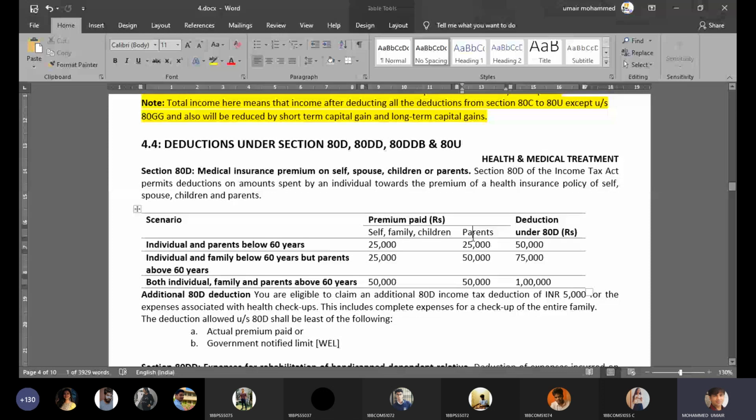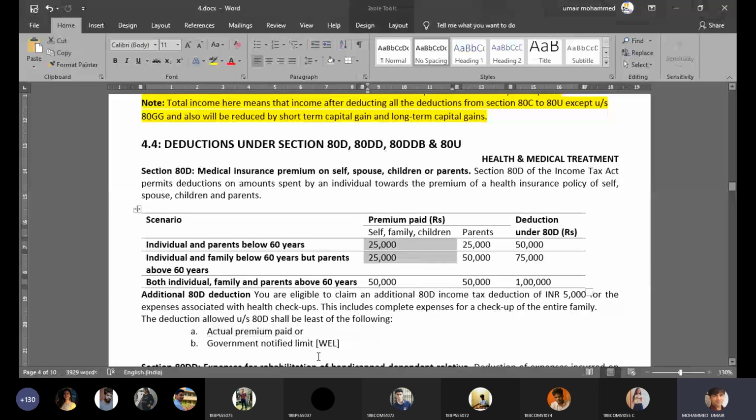Okay, but let's say I have a premium for self, spouse and children, and the premium amount is very high, 50,000. In that case, I can't claim 50,000. I can claim only max 25,000. So that's the reason the last line says actual premium paid or this notified limit, whichever is less, can be claimed. Simple.